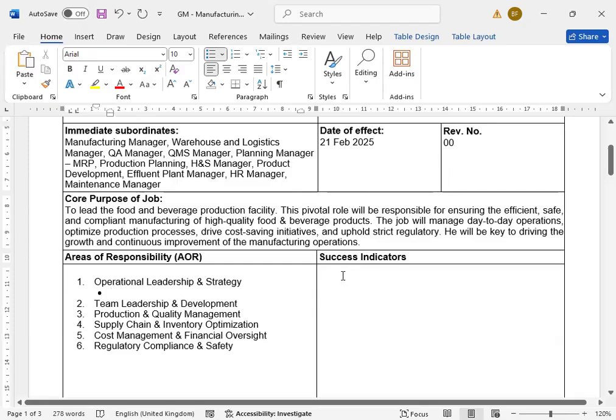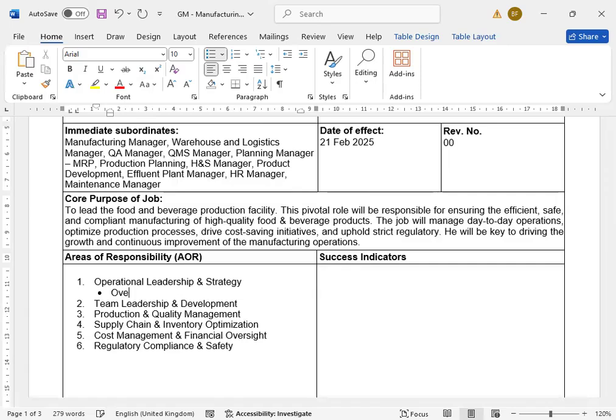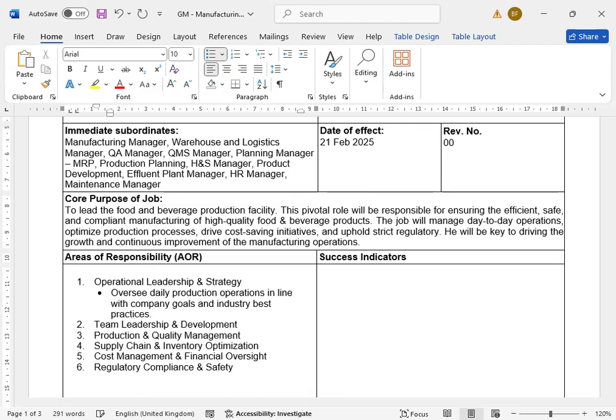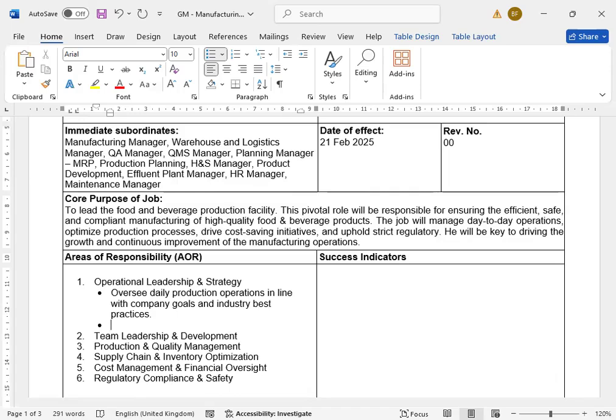So under operational leadership and strategy, I'm gonna write: oversee daily production operations in line with company goals and industry best practices.